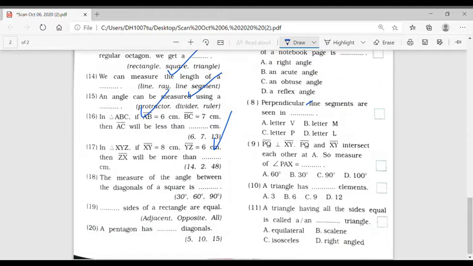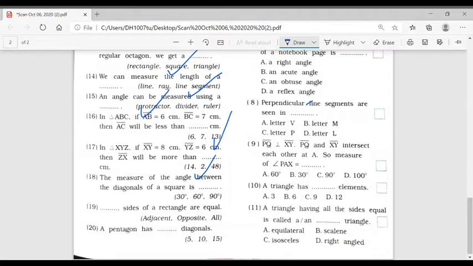If that is 8, that is 6, then obviously, children, it will be more than 2 centimeter. Here the answer will be more than 2.